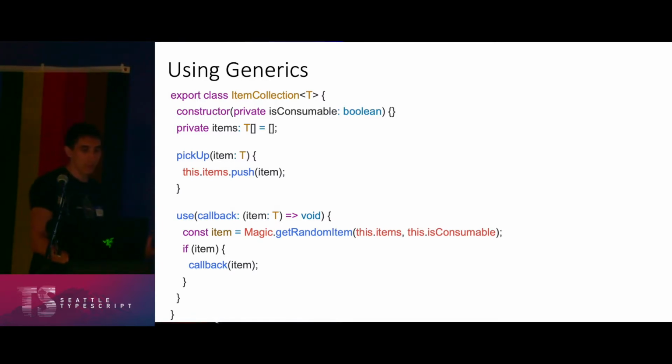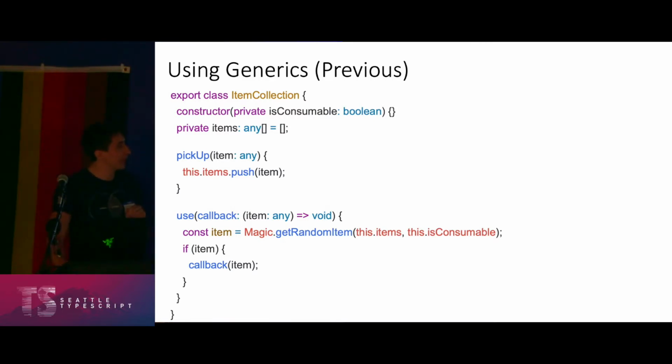And basically what we did is we just took all the code that said any and we replaced it with that type parameter. So again, the old code and the new code.